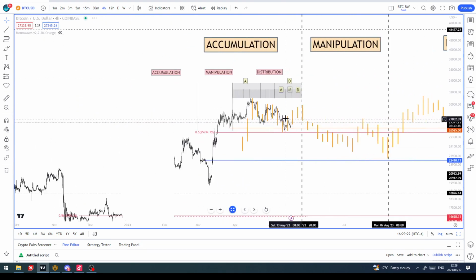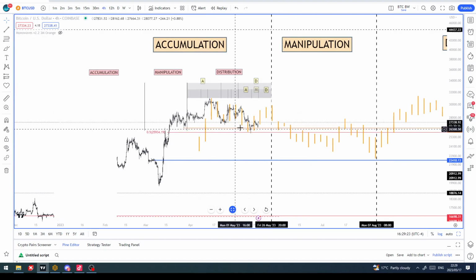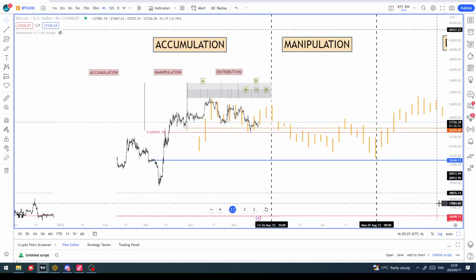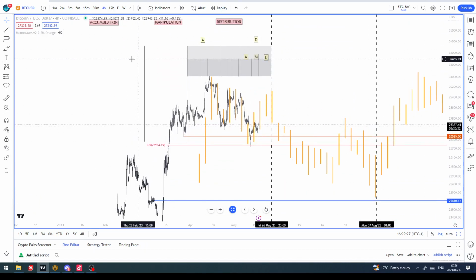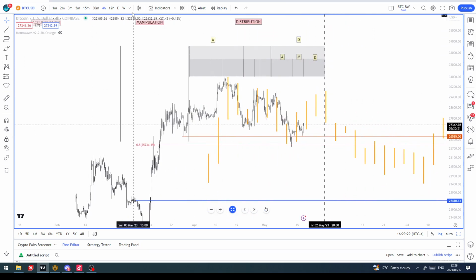This is also why last week I said expect them to manipulate price from last week to tomorrow.